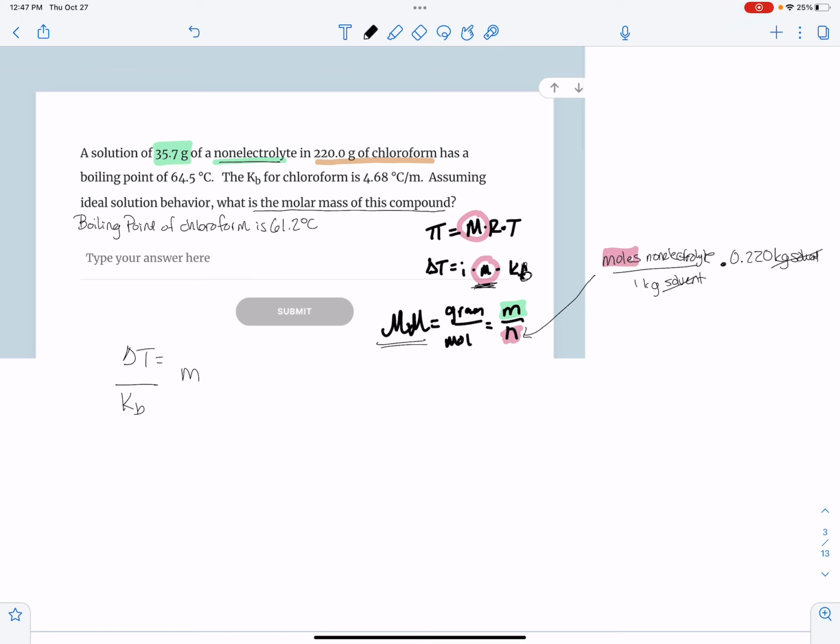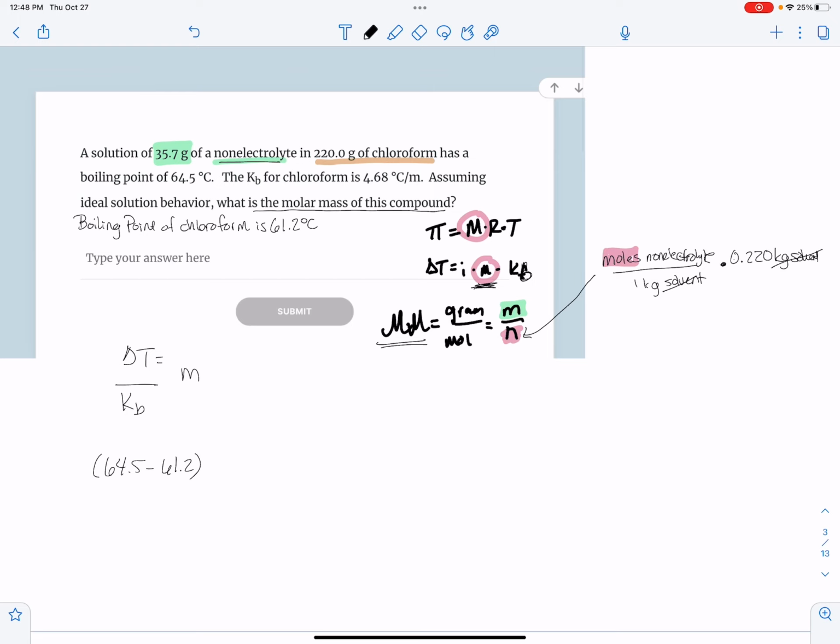And now I just need to fill in. This is my change in boiling point. So it went up to 64.5 minus 61.2. When you're doing these, you can essentially think of this as an absolute value. Technically you should do final minus initial, but you can put either one in and you should get the correct value.